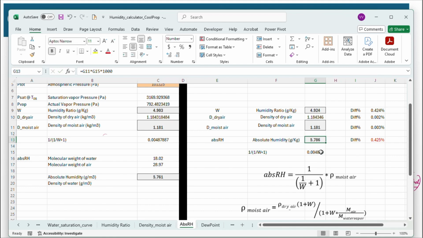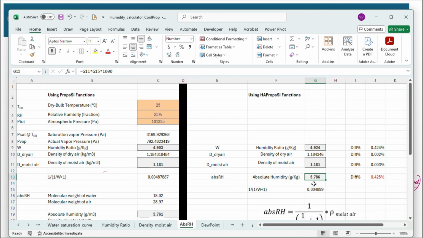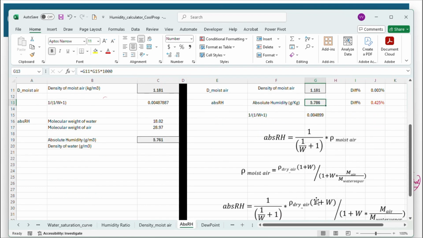Even in HAPropsSI, it's not a one-step calculation. It's a multi-step calculation. Here, what they do is calculate the humidity ratio, then calculate the dry air density, then calculate the moist air density, and then use this formula here.